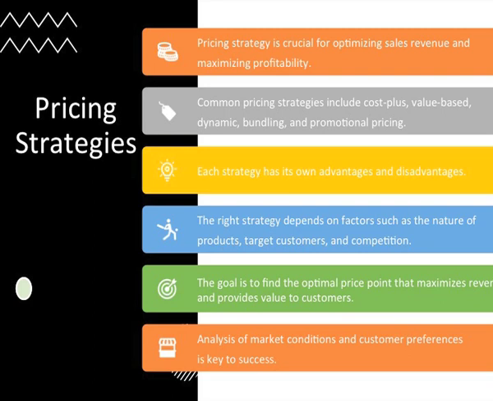There are several different pricing strategies that tourism businesses can use depending on their goals and characteristics of their products or services. Some common strategies are cost plus pricing, which adds a markup to the cost of producing a product or service to determine the final price. For example, if it costs rupees 100 to produce a guided tour and you want to make a 20% profit, you might set the price at rupees 120.